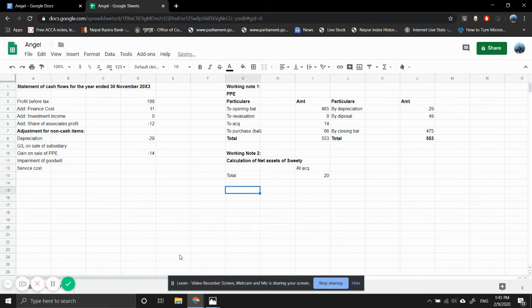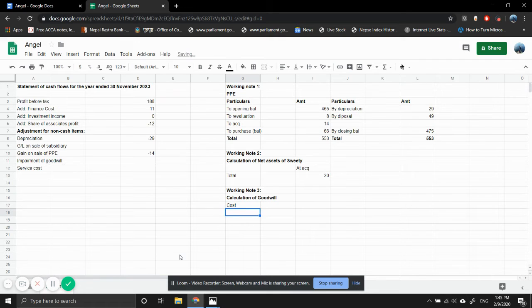Right, so working note 3 will be calculation of goodwill, which is basically cost less this.